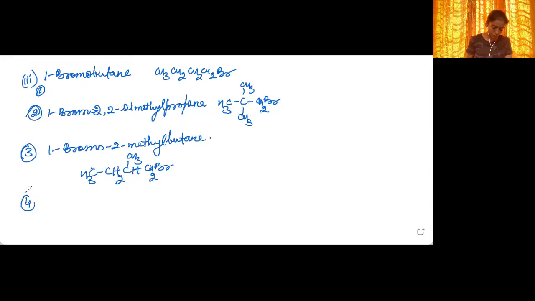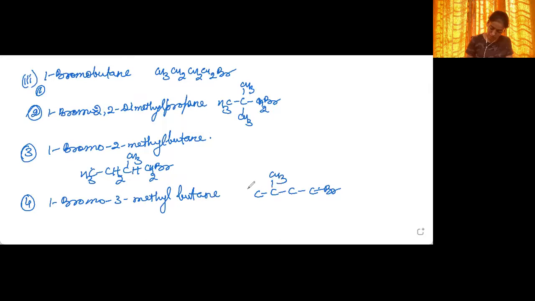Then the fourth molecule is 1-bromo-3-methyl butane. We can just now complete the valencies quickly.